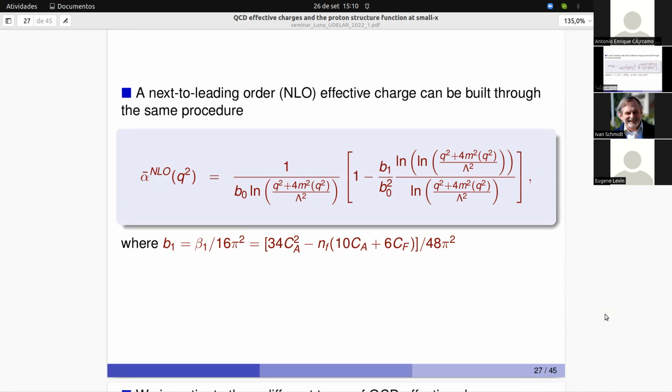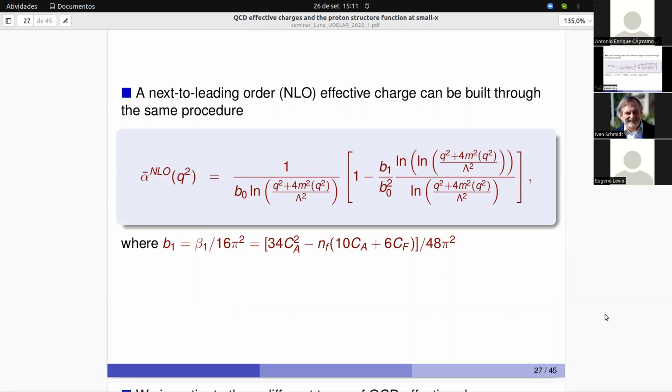You can obtain the expression for the QCD effective charge just by saturating the scale. What is that? We just take the expression for the coupling at next-to-leading order, where in place of this you have only Q squared.